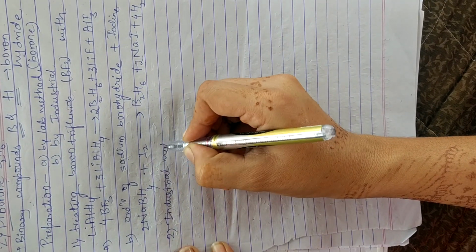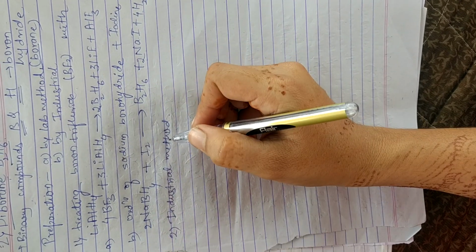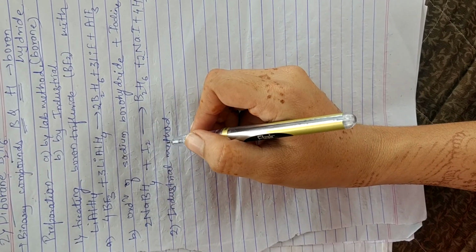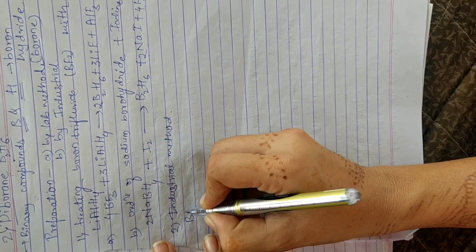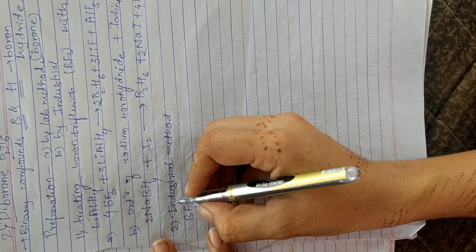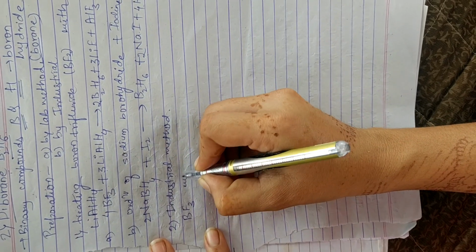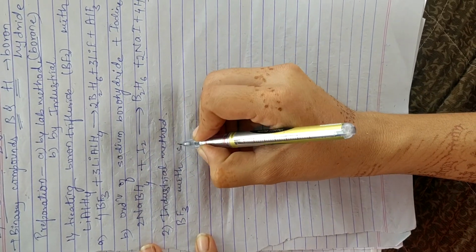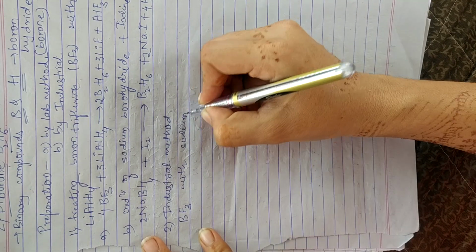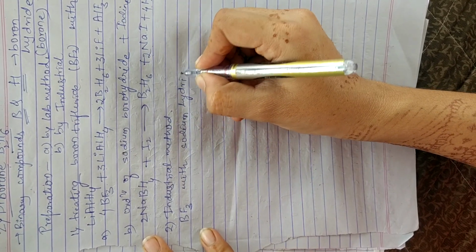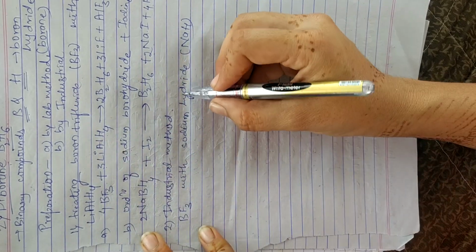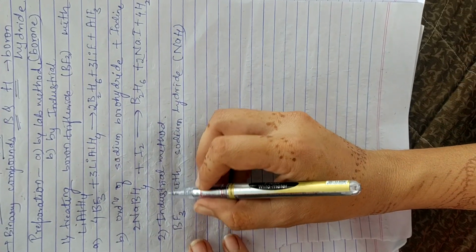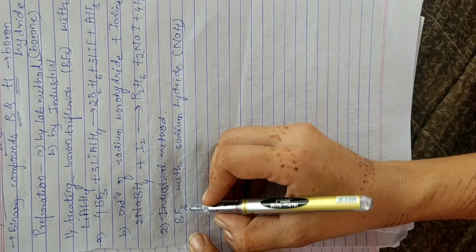the industrial method. In the industrial method, diborane is produced by the reaction of boron trifluoride with sodium hydride, formula NaH. It is the second preparation, by the industrial method.